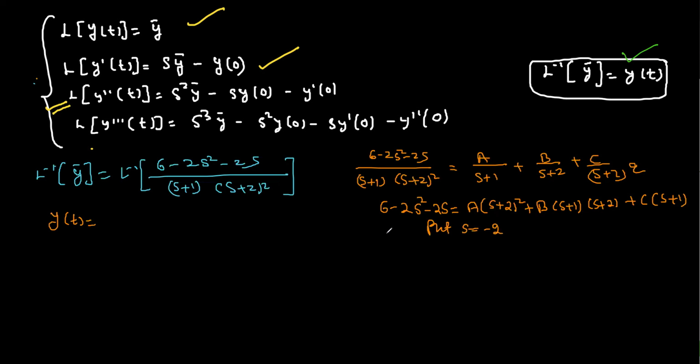Put s is equal to minus 2. When you put minus 2, you get 4 plus 4. This is 0, this is 0, minus 2, minus 1, minus 3.